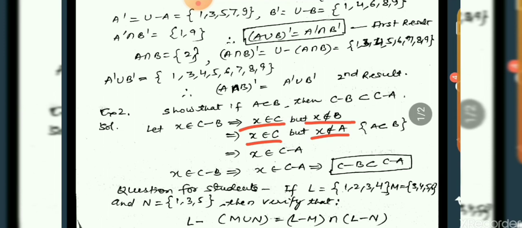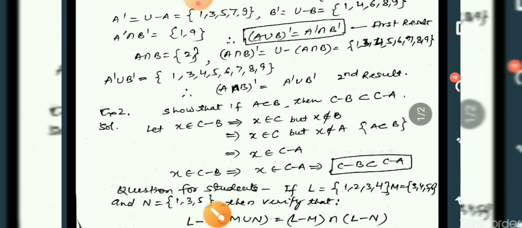Why? Because it is given that A is a subset of B. If x does not belong to B, then there is no case that it will belong to A, because A is contained in B. This implies x belongs to C minus A. So what have we done?